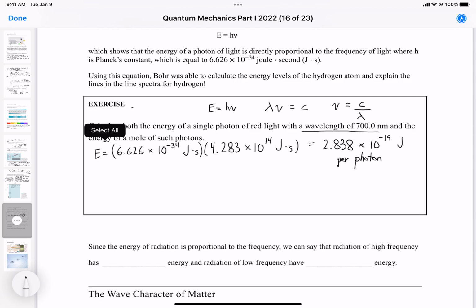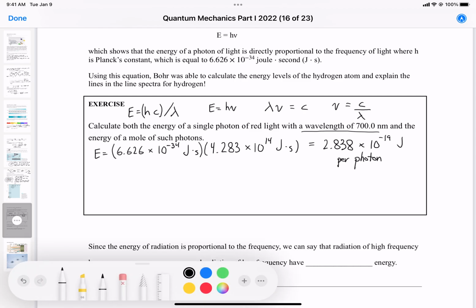We can also say energy equals h times c divided by lambda. If we do that, we can solve without having to solve for the frequency. So that's another way we could solve for that.